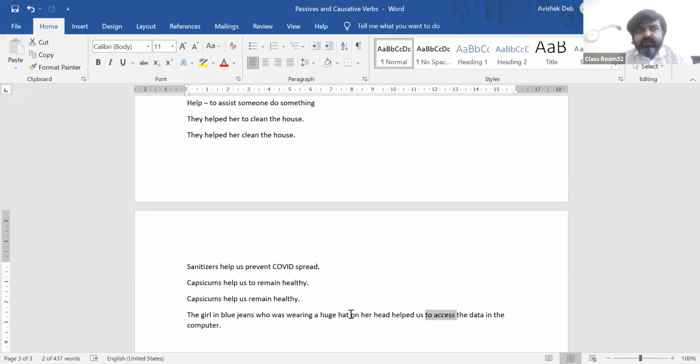For this module you have 3 chapters: modifiers, phrase and clause identification, and passives and causative verbs. So a little bit of active passive might also be asked. You should be able to solve all those.